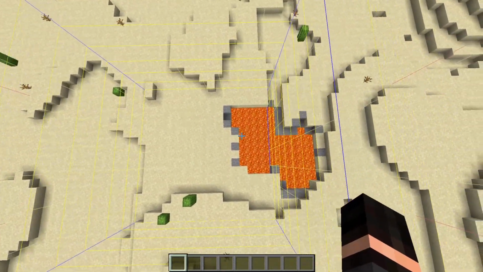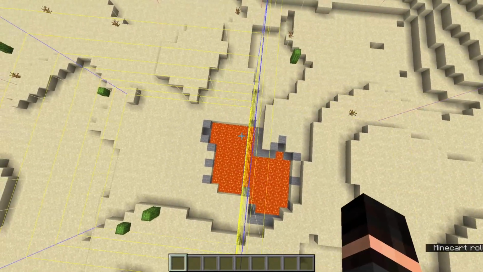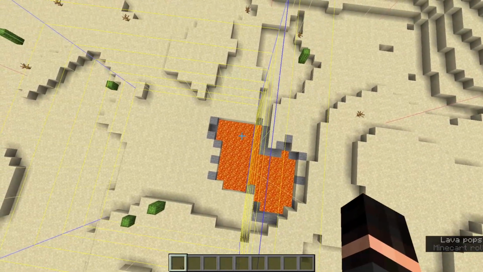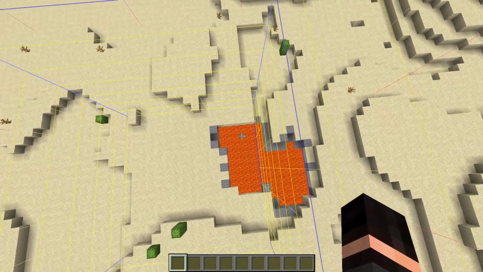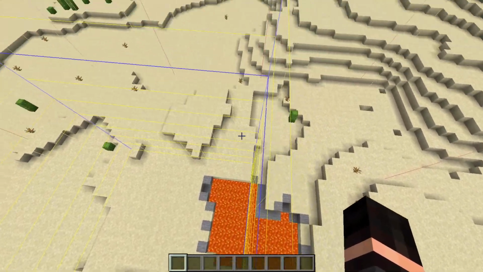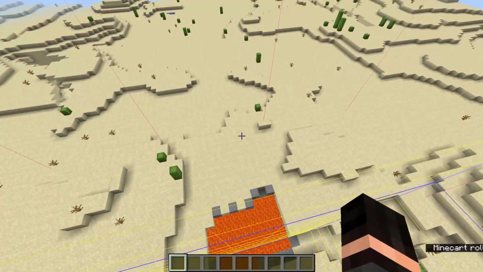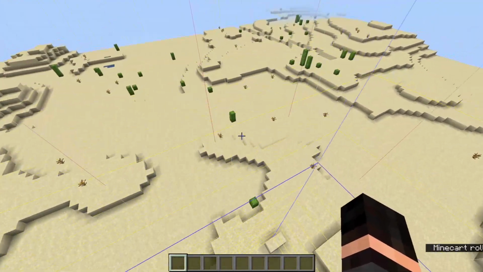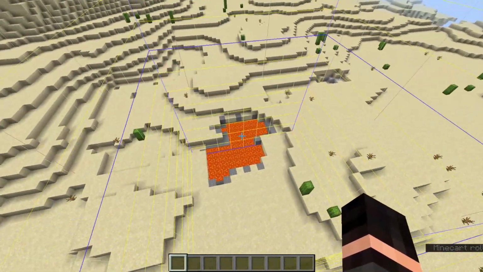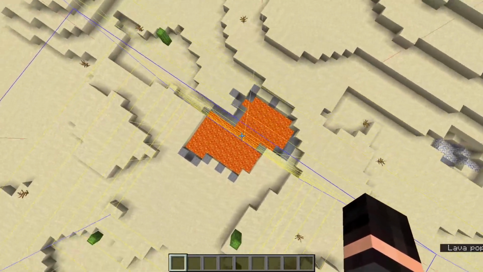Okay. So, at its core, now the question is, this is biome dependent now. I can find a desert lava, and there's a chance that it gets canceled. So maybe this is a 60% chance of success or something.